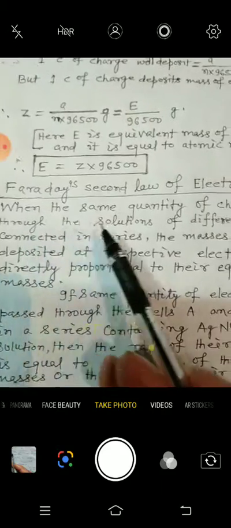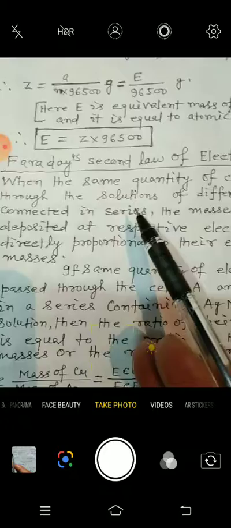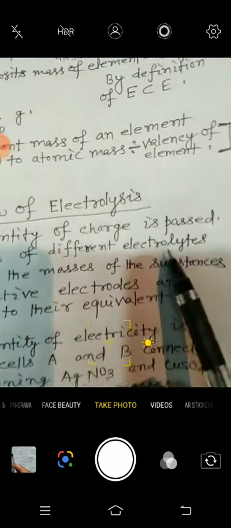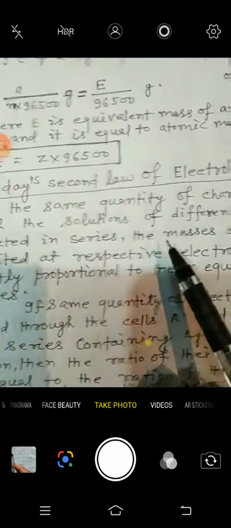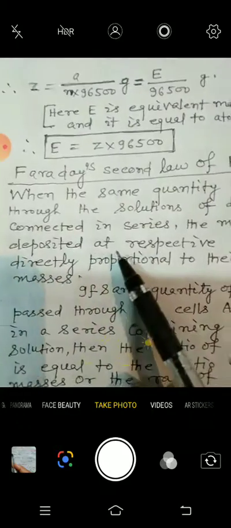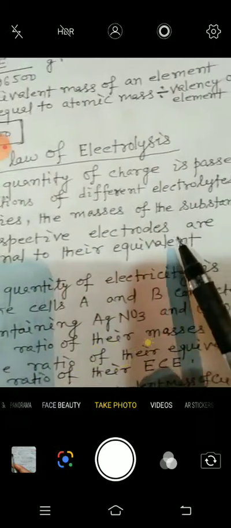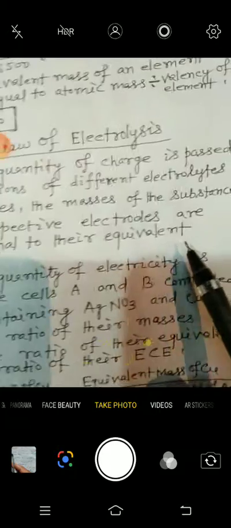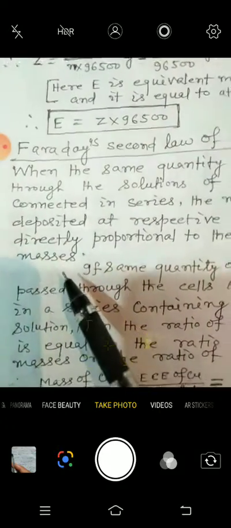Now, Faraday's second law of electrolysis. It has been stated in the second law that when the same quantity of charge is passed through solutions of different electrolytes connected in series, the masses of the substances deposited at the respective electrodes are directly proportional to their equivalent masses.